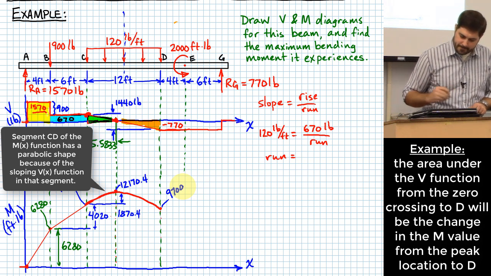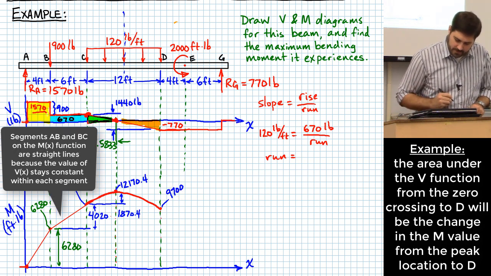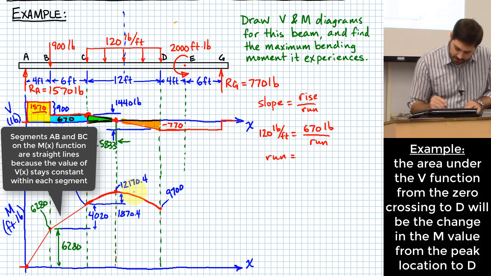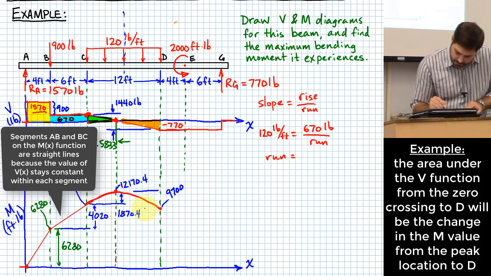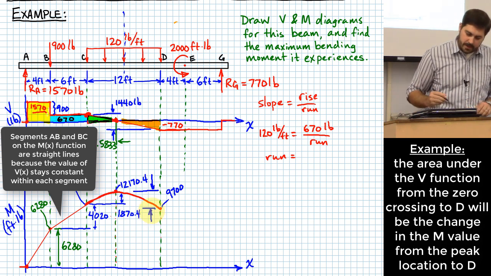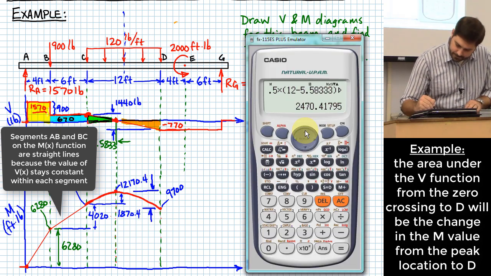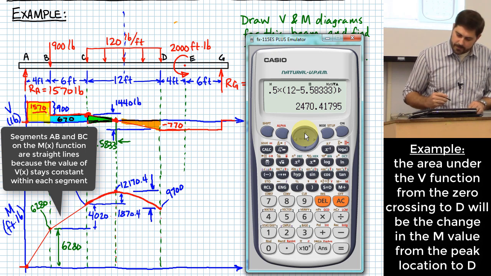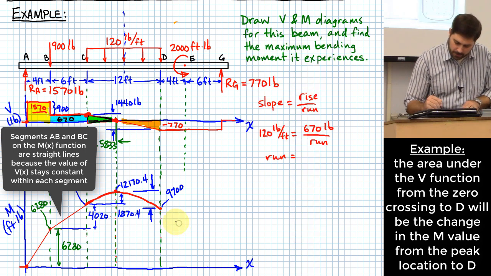And that's because of a change between this location and this location of how much? 2,470.4.